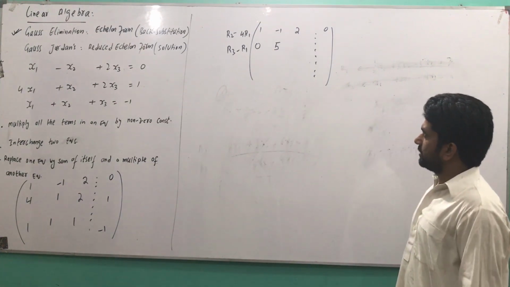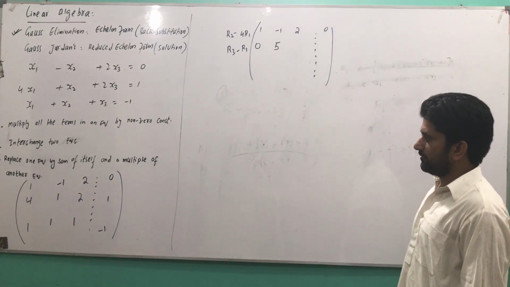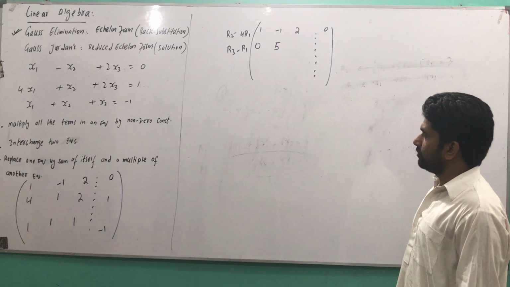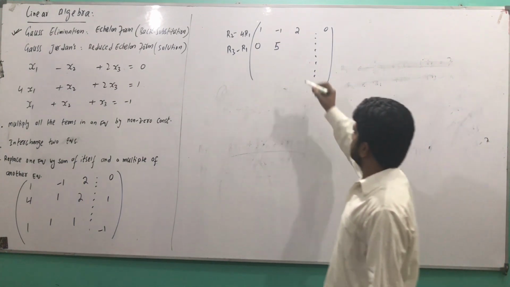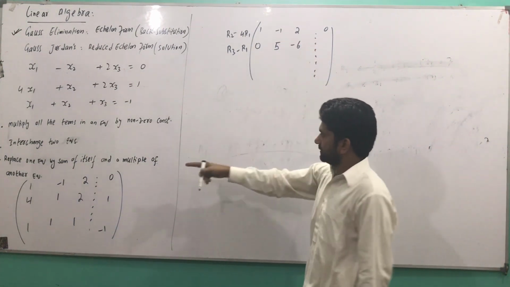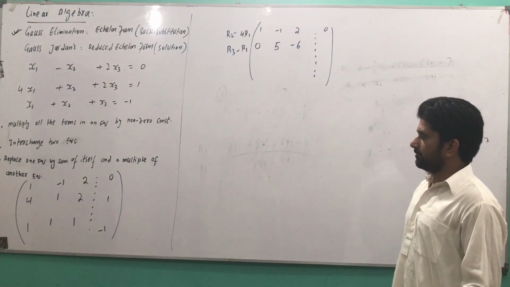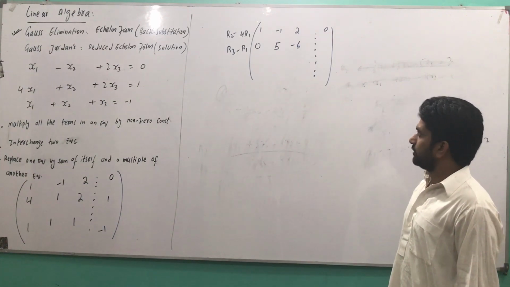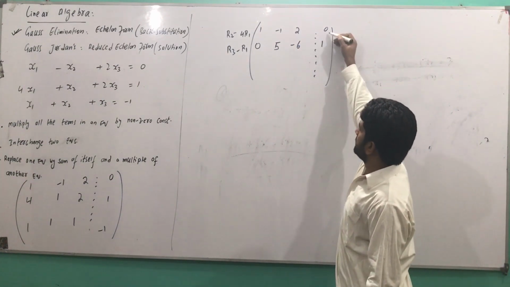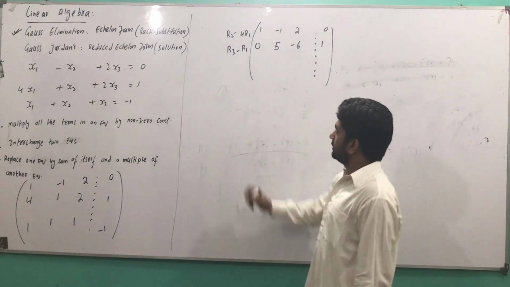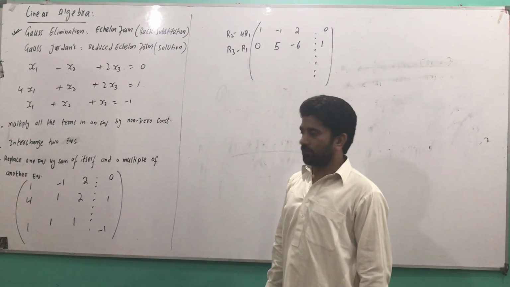And next, when you multiply by 4, 4 2s are 8, and 2 minus 8 is minus 6. When you multiply 0 by any number, you get 0, and R2's 1 stays as it is, because when you multiply by 0 nothing will happen, and R3 minus R1.